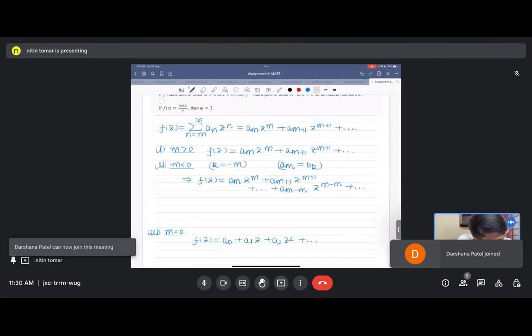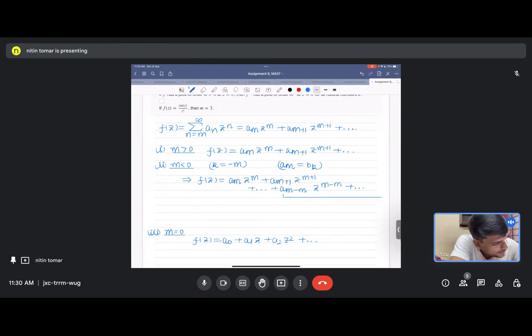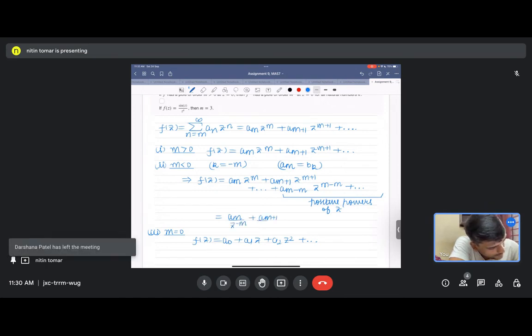So after this part, everything will be positive powers, right? Positive powers of z, and this part will give you a_m by z minus m, a_{m+1} by z minus m minus 1, plus dot dot dot, then a naught plus a1 z and so on and so forth.